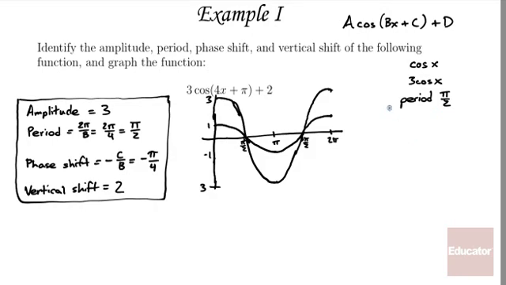So what I'm really graphing here is 3 cosine 4x. So what that's going to do is, instead of having period 2 pi, it compresses it horizontally, so that it does a complete period in the space of pi over 2. So there's pi over 2 right there. I need to do a whole period between there and there.